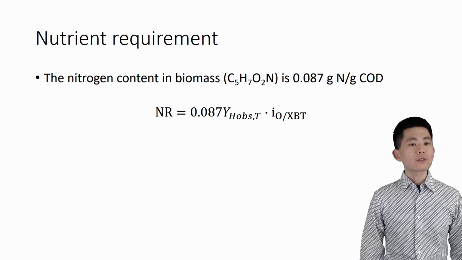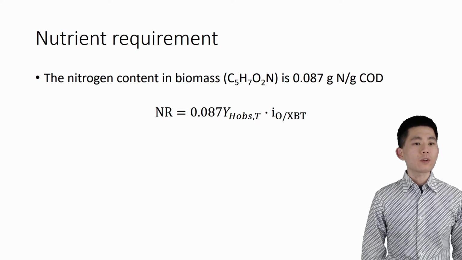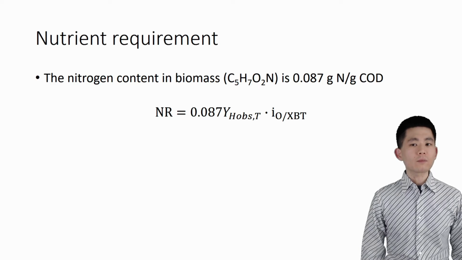Also, nitrogen is required for cell synthesis. The nitrogen requirement is also determined stoichiometrically from biomass growth. In this empirical formula of biomass, the nitrogen content is 0.087 grams of nitrogen per gram of COD biomass.